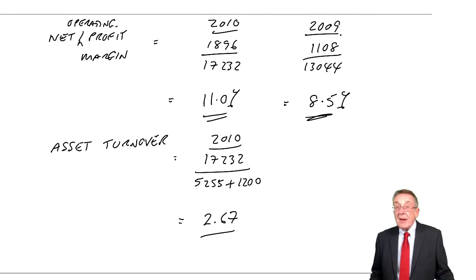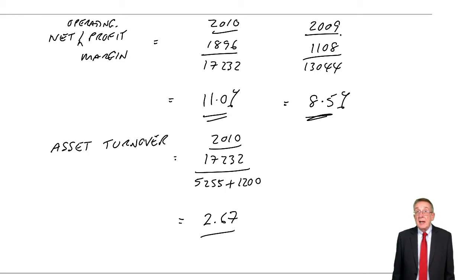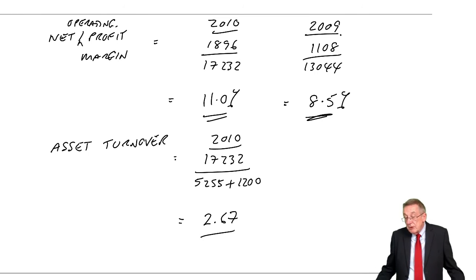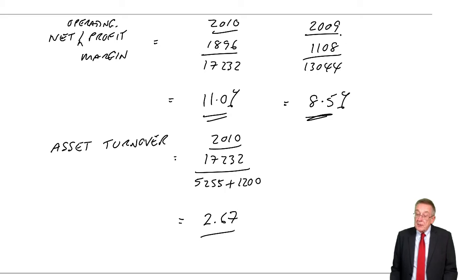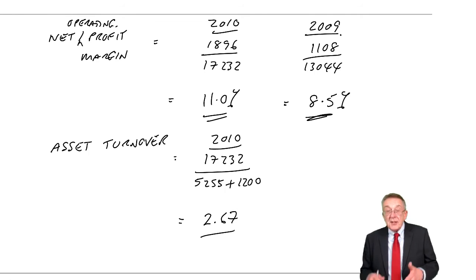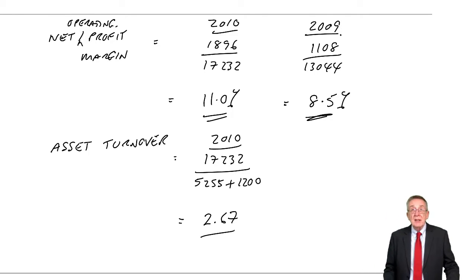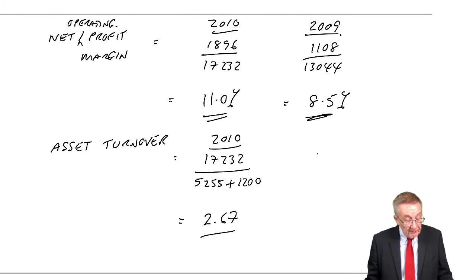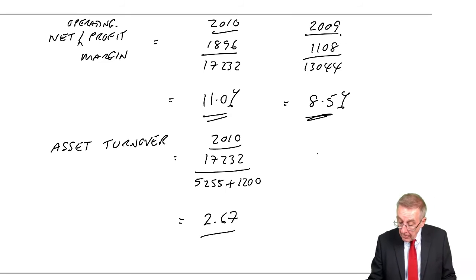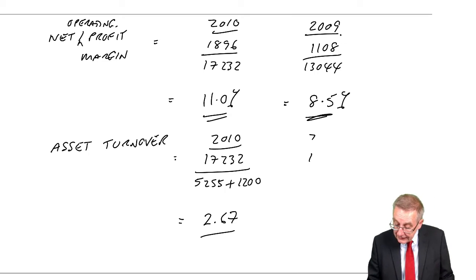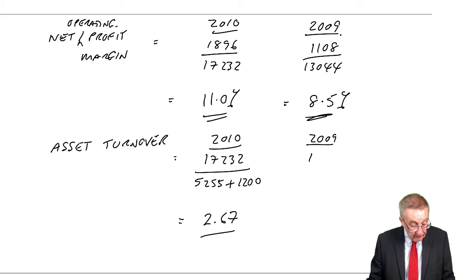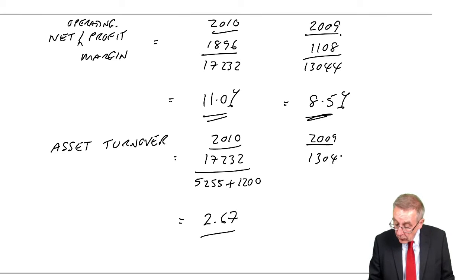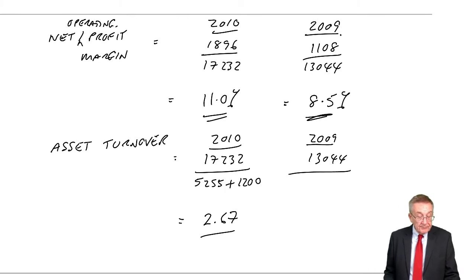2.67. And this one we usually leave as a number. If you want 267%, but it's normally just as a number. The sales are 2.67 times what you might call the size of the company. What was it last year? Well, in 2009, sales were lower, 13,044, but the company was smaller.